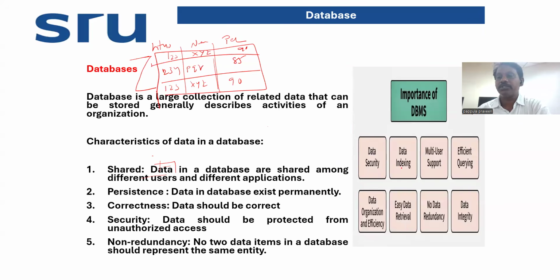We have to match one entity to another entity by using referential integrity constraints like primary keys and foreign keys. Next, we will discuss the characteristics of databases. Once again, you check: shared, data is persistent, data is correct, data provides security, right? And data does not allow redundancy.